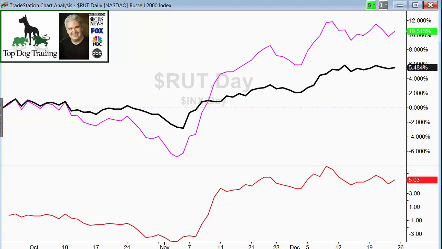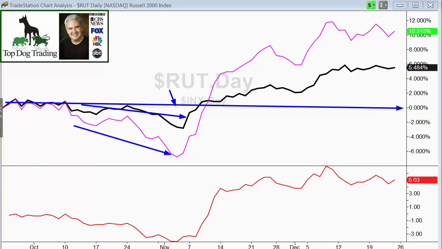Now, then I use another line and I plot another market. In this case, it is the Russell 2000. And so what we're doing is comparing the percentage change between two markets. So here's the shift, and this is what we're looking for: remember, this magenta line, this purple line is the Russell 2000, and it shoots above the S&P 500.